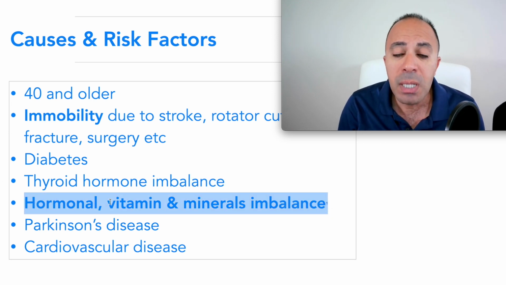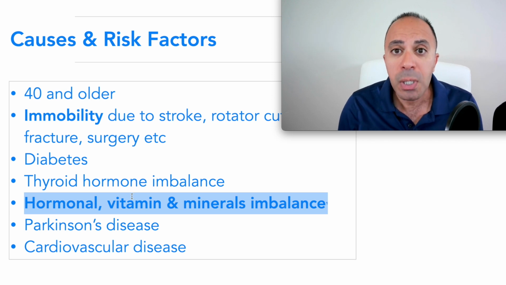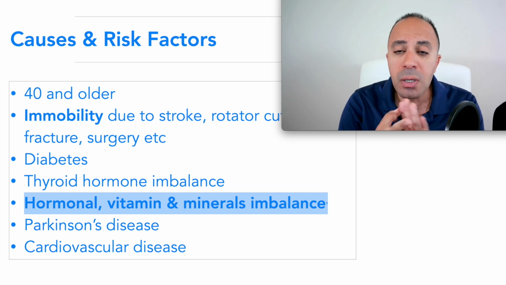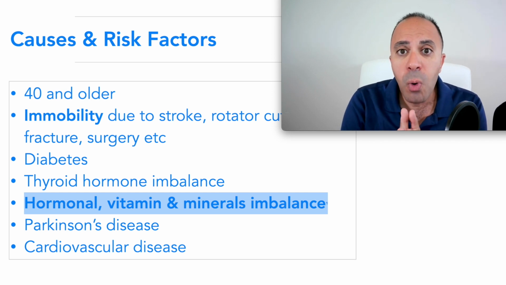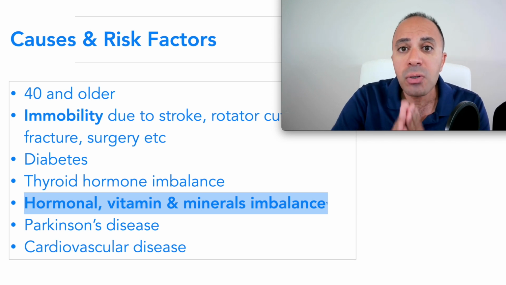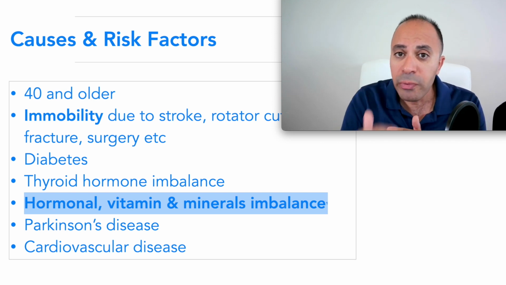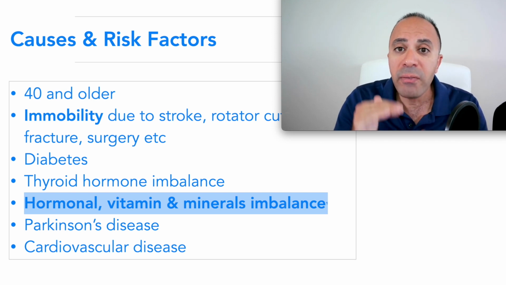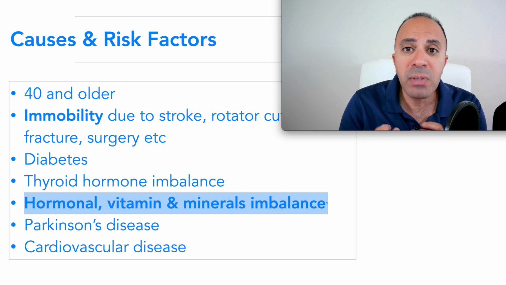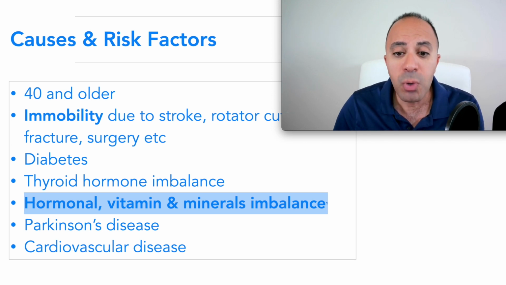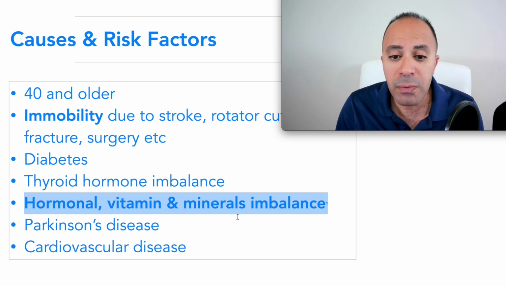Hormonal, vitamin, and mineral deficiency also matter, because when your body heals, you need vitamins, minerals, and your hormones to work properly to transition you from inflammation to maturation. If you have an imbalance, your body does not have the recipe for healing. We'll go over that in detail in the next few slides.